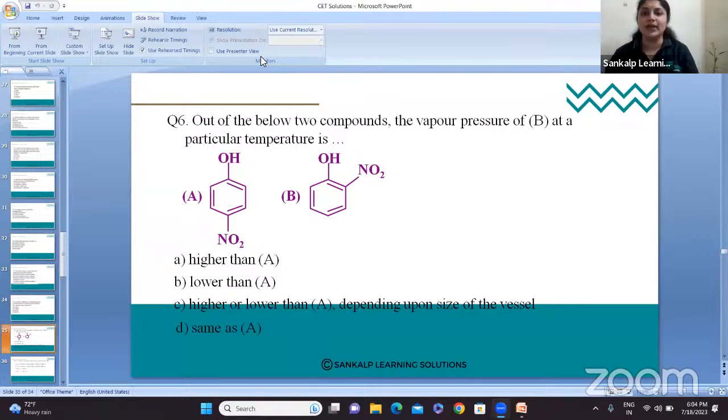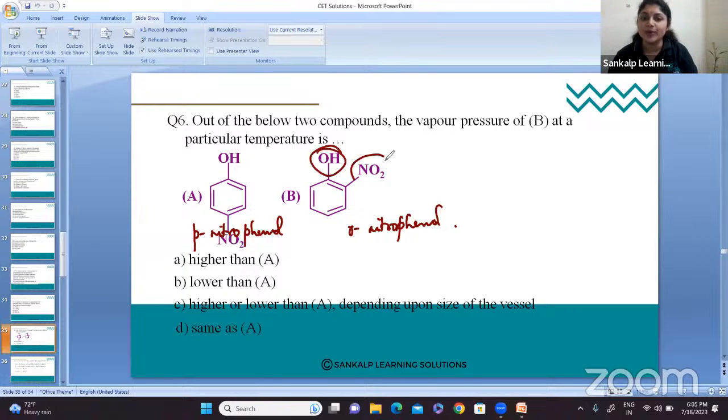When you compare these two compounds, the first compound is para-nitrophenol. This is ortho-nitrophenol. Here you can see, in ortho-nitrophenol, what type of interaction is there between this OH group and NO2 group?